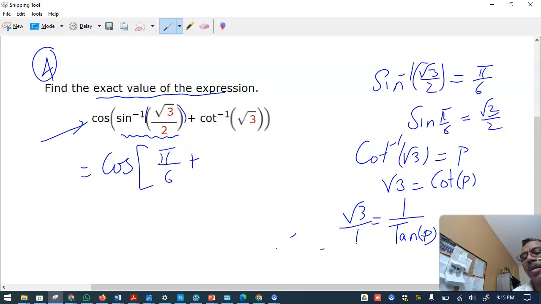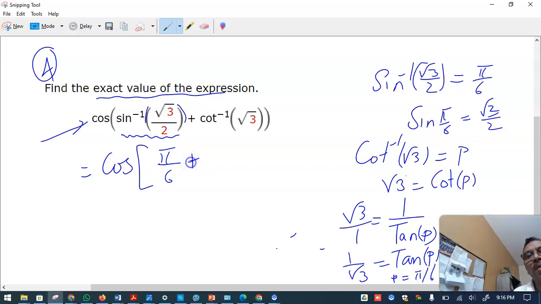We can flip both sides, so it becomes 1 over root 3 is tan of p. So tan of what angle is 1 over root 3? You can see this angle has to be pi by 6.